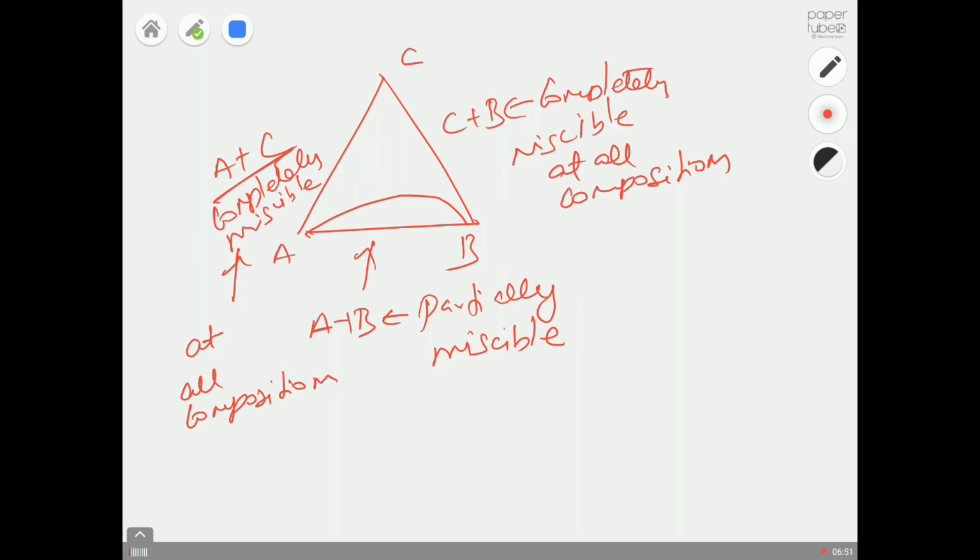Hope you all understand what I mean by this. You have a two-phase region connecting A and B, which means A plus B is partially miscible, and we don't have any two-phase region connecting A and C. That's why we are saying A plus C is completely miscible.